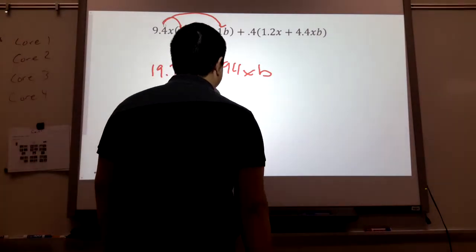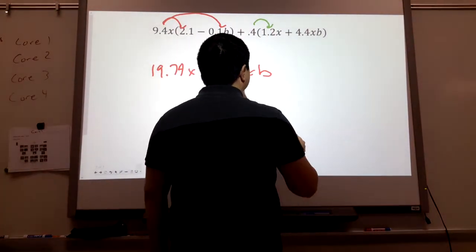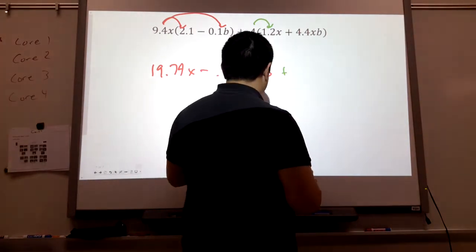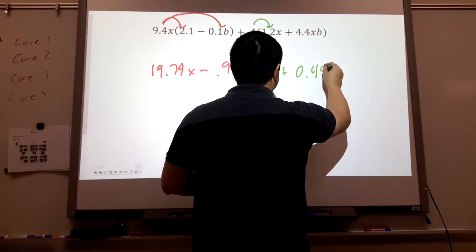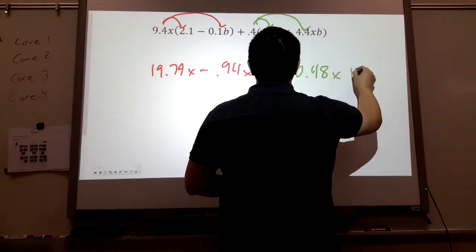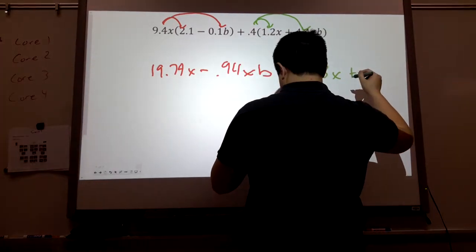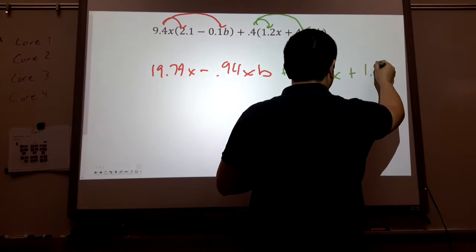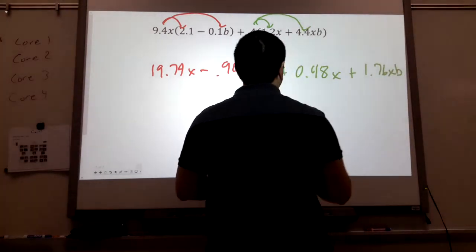Next, we're going to take a look at the next binomial and distribute the 0.4 into it. So that gets us 0.4 times 1.2 is 0.48x. I'm going to do the same thing with this one over here, plus 1.76xb, because this has an xb right there.